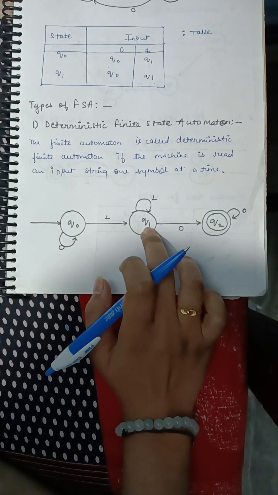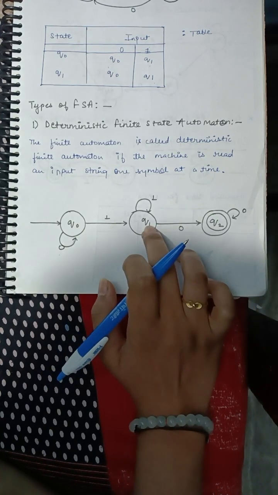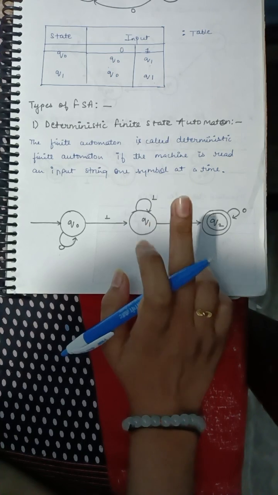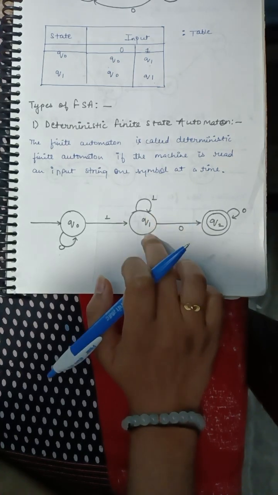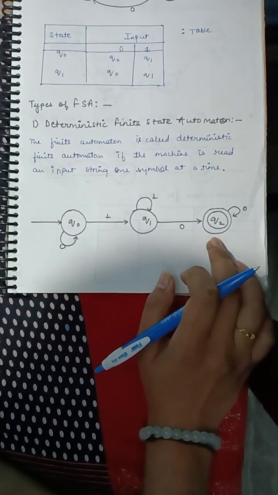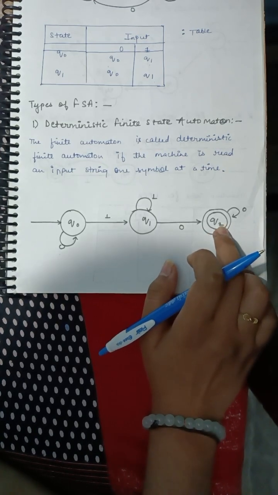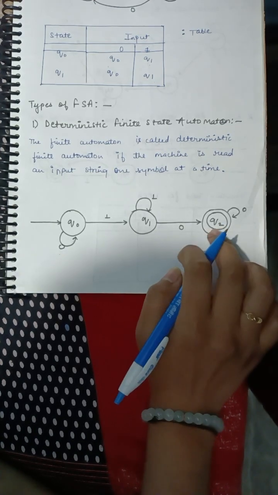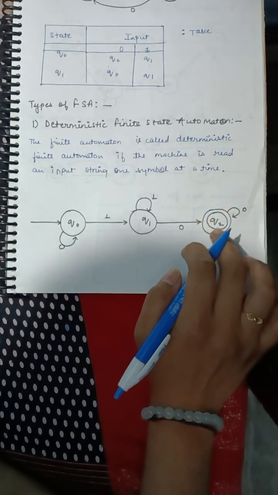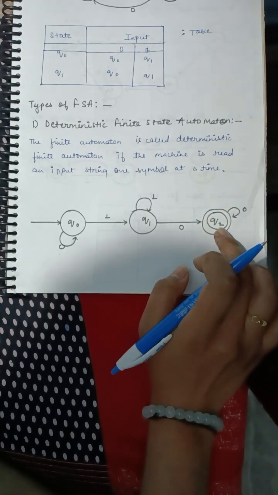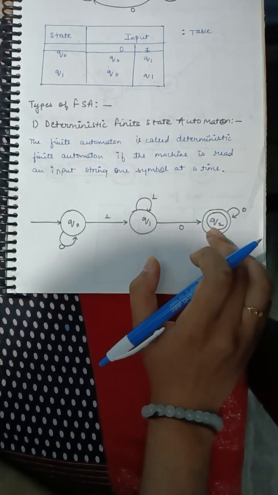At Q1, at 0 the input value is Q2, and at 1 the value is Q1 itself. Similarly for Q2, at 0 the value is Q2 itself, it is the final state, that's why the double circle is there. And for 1 there is no value, that's okay.